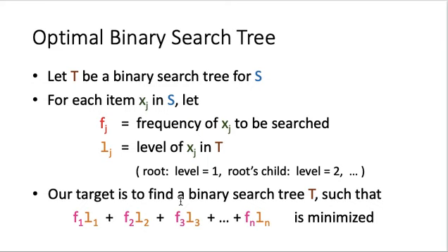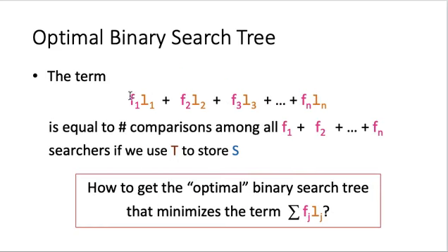Our target is to find a binary search tree such that F1L1 plus F2L2 and so on up to FnLn, the summation of all these terms, is minimized. The meaning of this summation is the number of comparisons. Suppose that we are making F1 searches on X1, F2 searches on X2, and so on up to Fn searches on Xn.